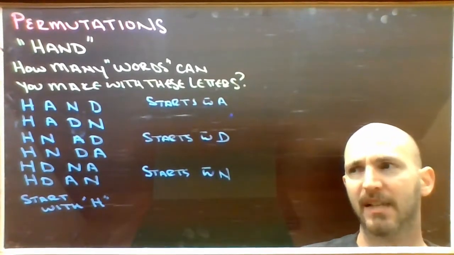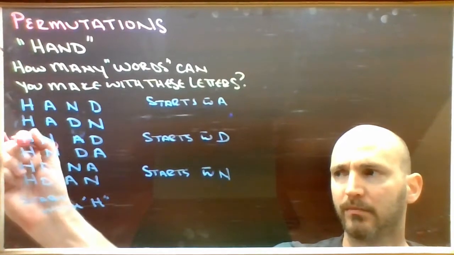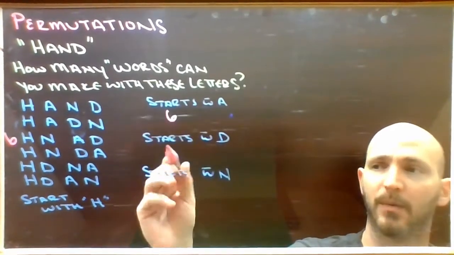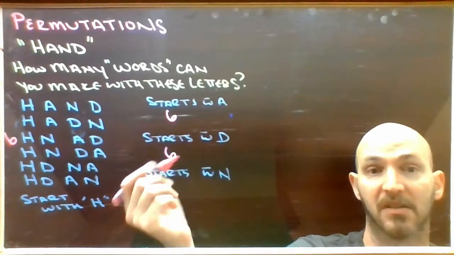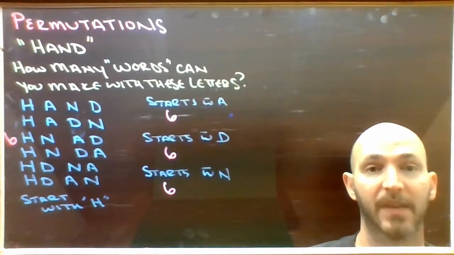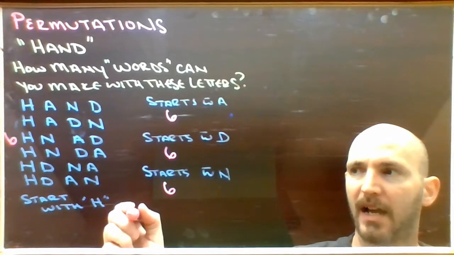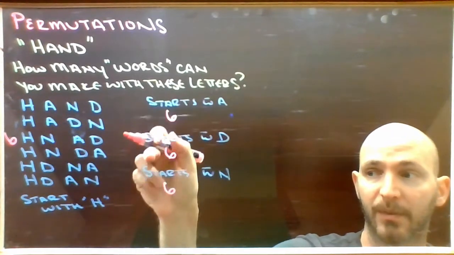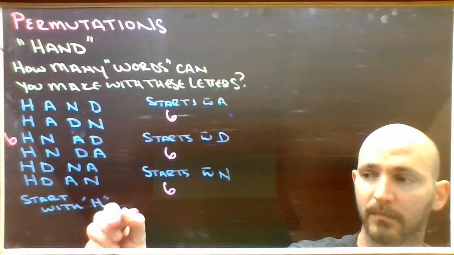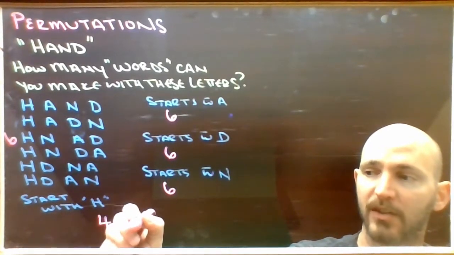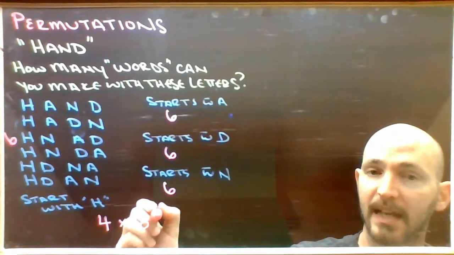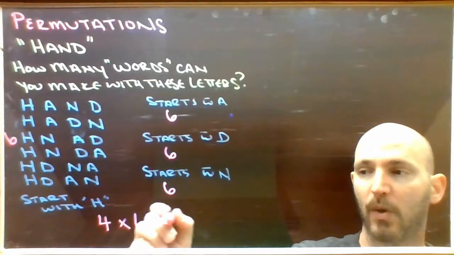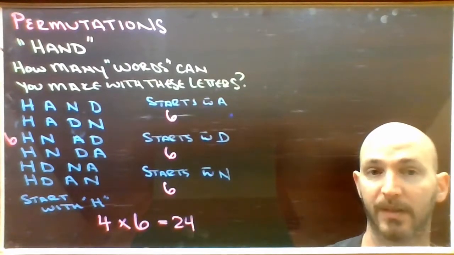So there's 6 here, 6 that start with H. So there's going to be 6 that start with A, and then 6 that start with D, and 6 that start with N. So I'm going to have 4 lists, 1, 2, 3, 4, all of which have 6 different permutations in them for a total of 24.